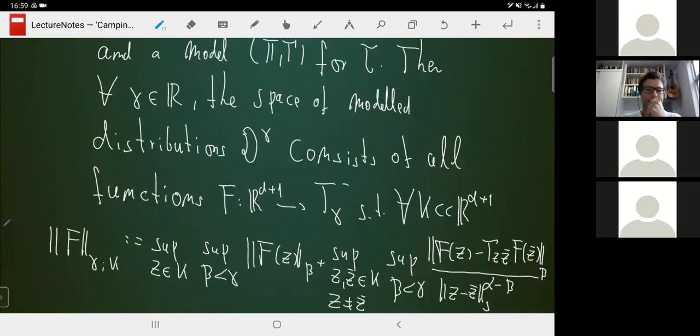Exactly. And the white noise, for example. Exactly. So first of all, this f here really lives in all the T betas with beta less than gamma.